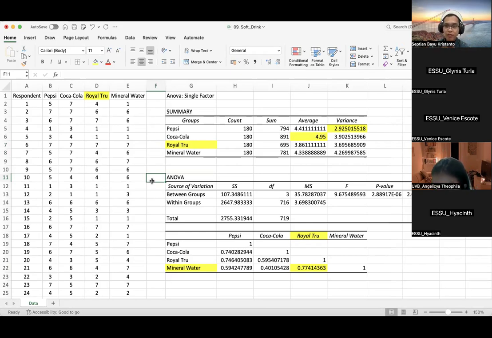But if you have more than one variable, you can do the correlation analysis because it's the kind of optimization that we have in our data, like comparing the soft drink analysis between 180 respondents.